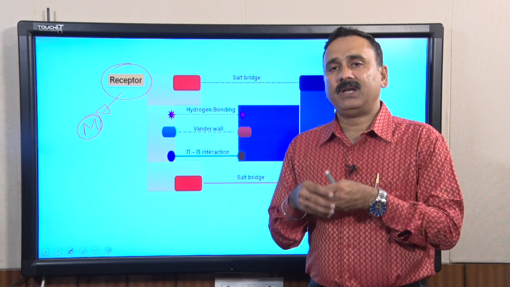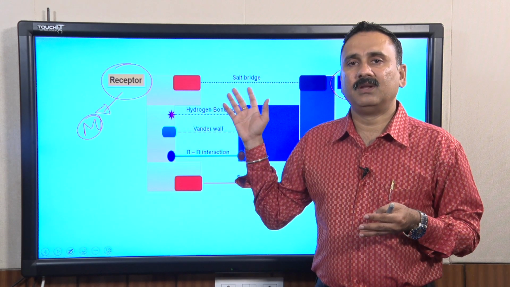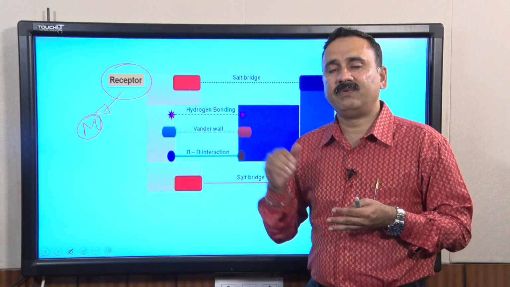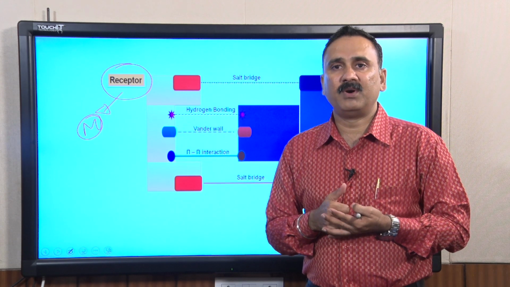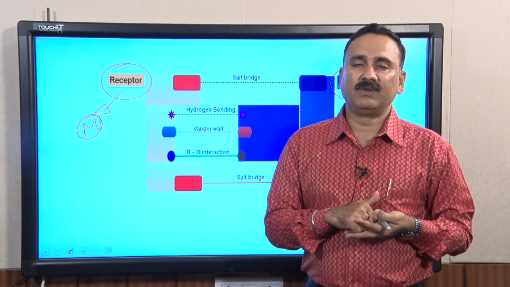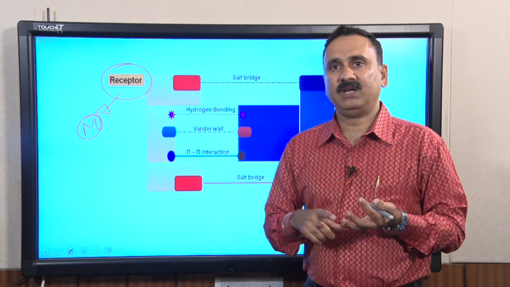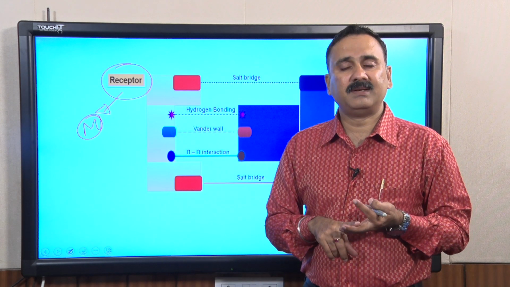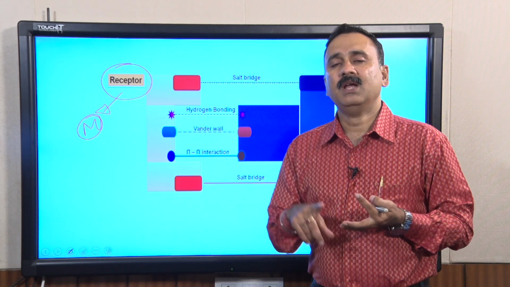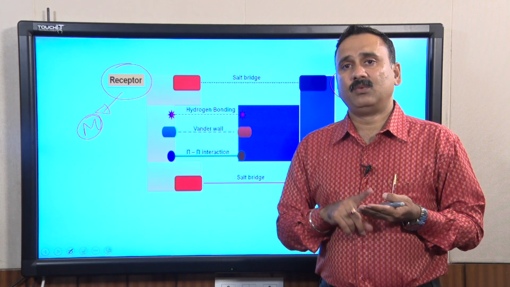Then we will take a couple of examples of the different affinity chromatography techniques we have discussed, which means we are going to take an example of bioaffinity chromatography, and a few examples of pseudo affinity chromatography like metal affinity chromatography, or the other types of dye based affinity chromatography techniques. All these examples we are going to discuss in our subsequent lecture.